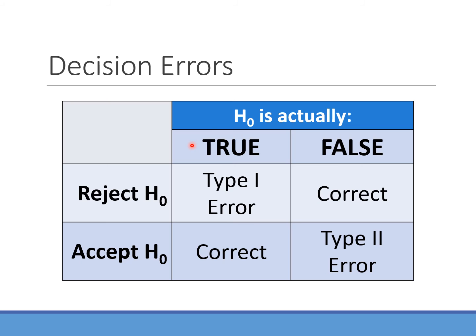And in reality, the null hypothesis is true, that there is no difference between your research group, your experimental group, and the control group, okay? There's no difference at all. But you reject the null hypothesis, then you have made a type 1 error.